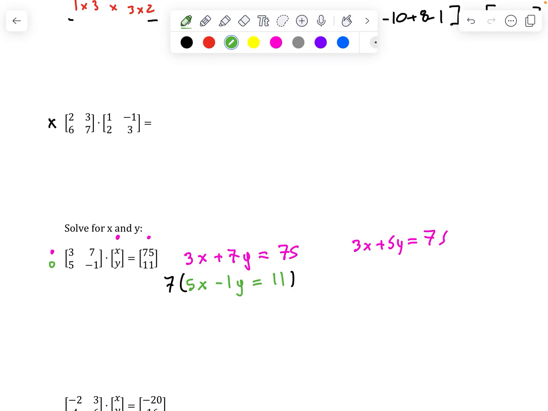And the one on the bottom being now 35x minus 7y, right? I multiplied everything by 7. Equals, what do we have here? 77.